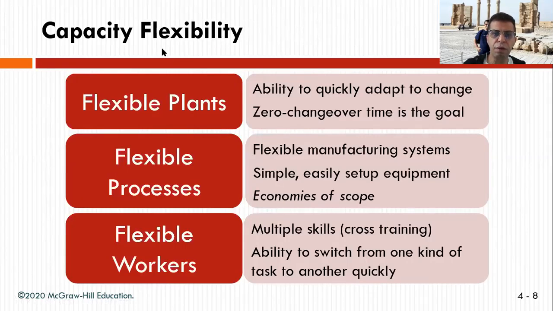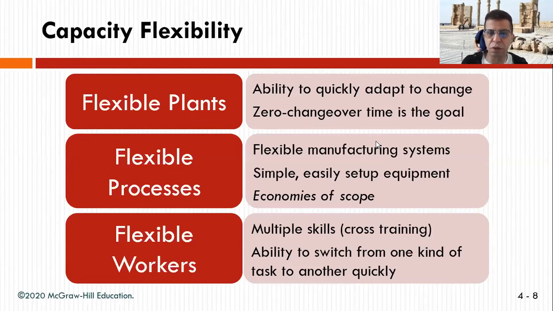Now, capacity flexibility is basically a flexible plant, which is the ability to quickly adapt to change. Zero changeover time is the goal, so you can easily switch with zero changeover time.